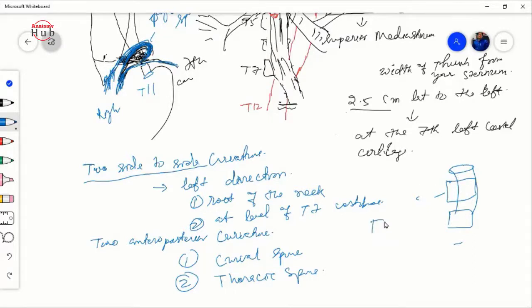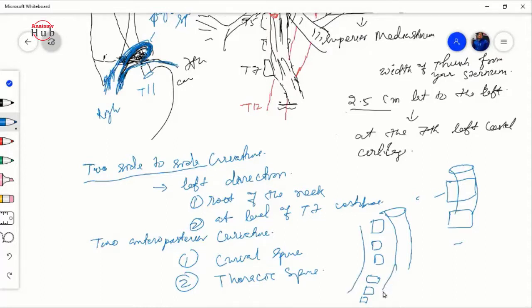So suppose here I will draw a lateral view. Anteriorly it curves like this due to the cervical spine. Then you will find the thoracic spine, which is somewhat posteriorly present, in an S type.